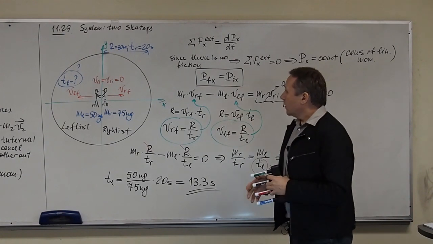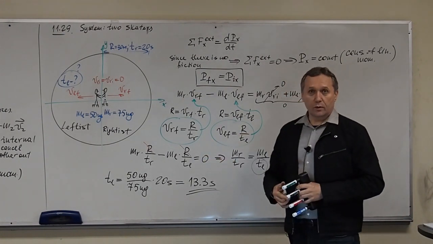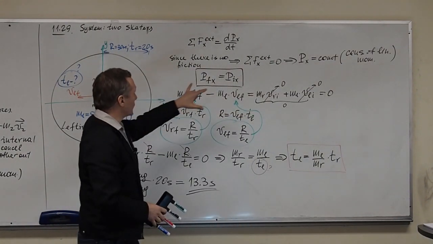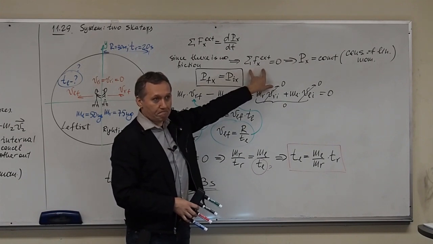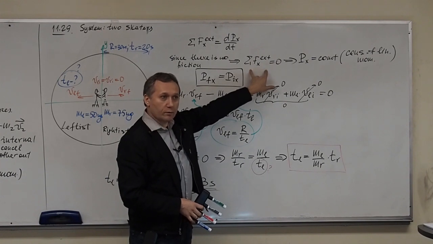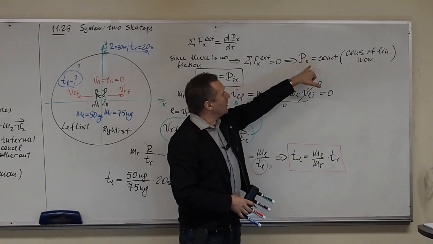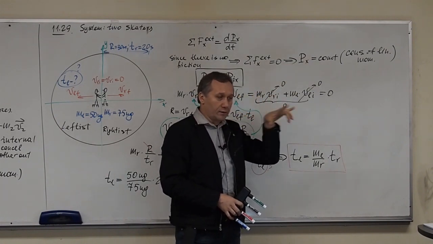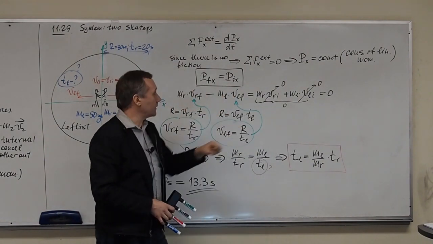Another example of how conservation of linear momentum can be used to analyze situations and solve problems. Again, every time, first you need to look at the external forces. If the net external force in a certain direction is 0, it means that the total linear momentum in that direction is preserved, is conserved, constant.